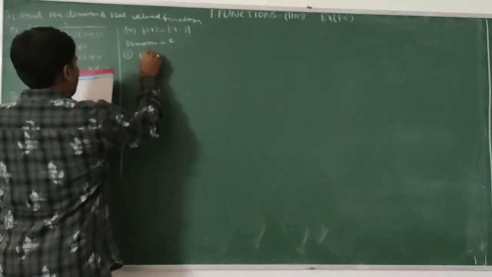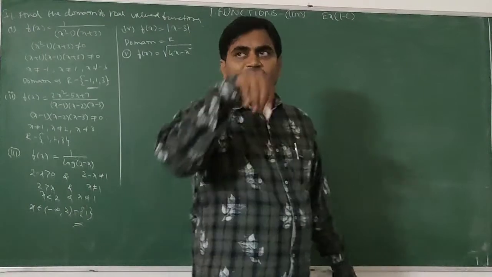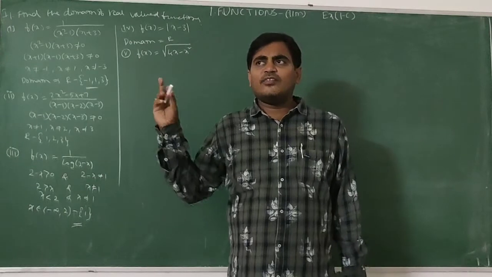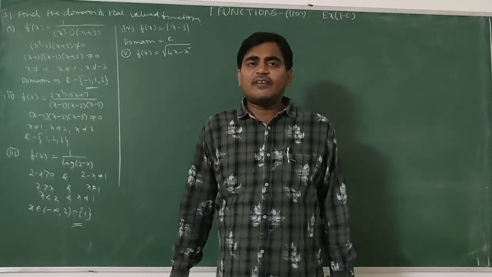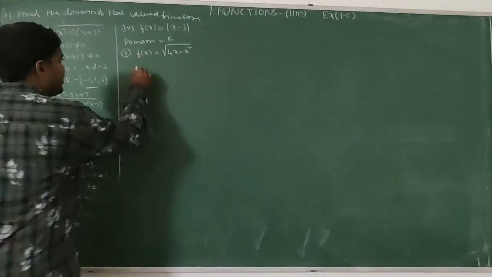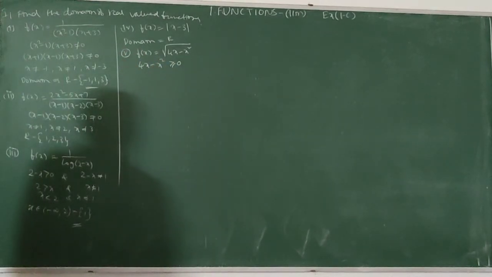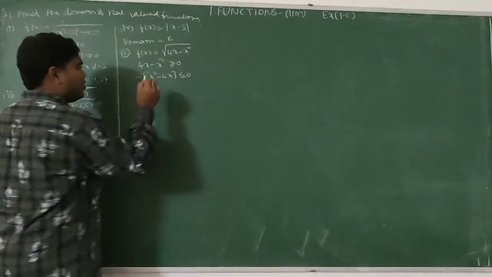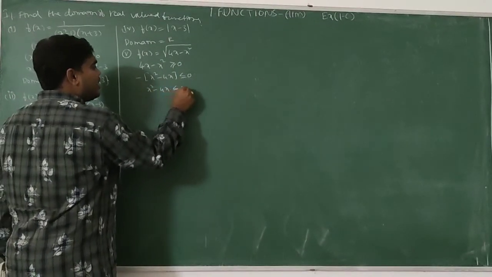Next, fifth question. f of x equal to root of (4x minus x square). Already we know this is in the form of root of g of x. In the previous video we discussed that the domain of root of g of x is the set of real numbers satisfying the condition g of x greater than or equal to 0. So 4x minus x square greater than or equal to 0. Multiplying with negative on both sides, x square minus 4x less than or equal to 0.